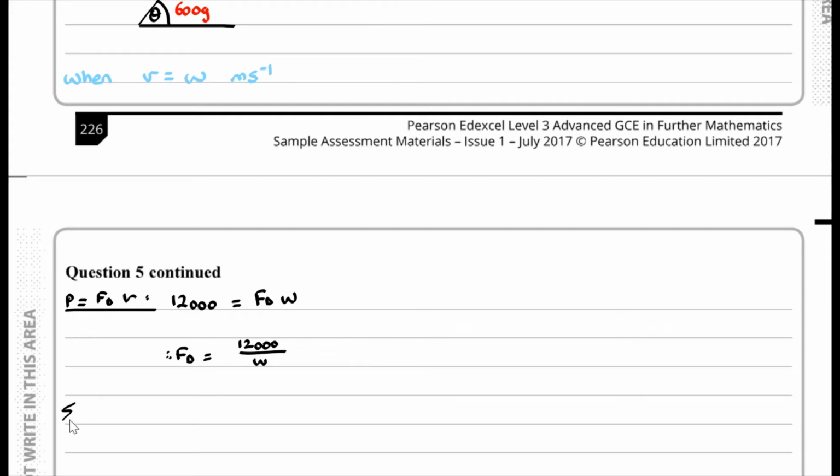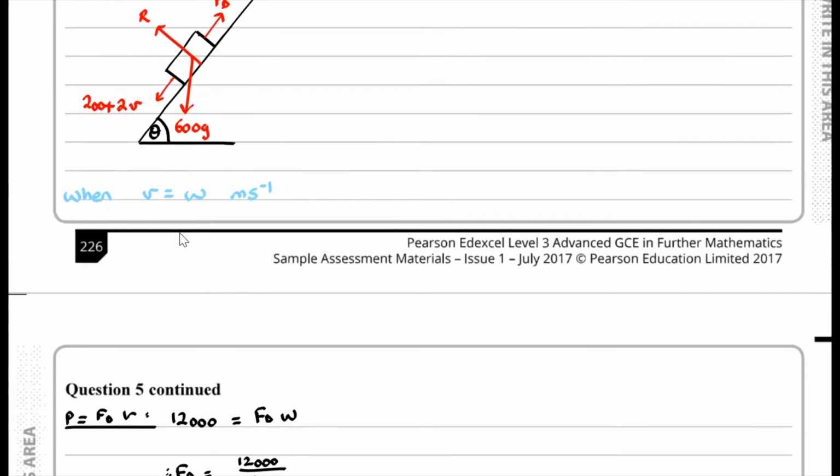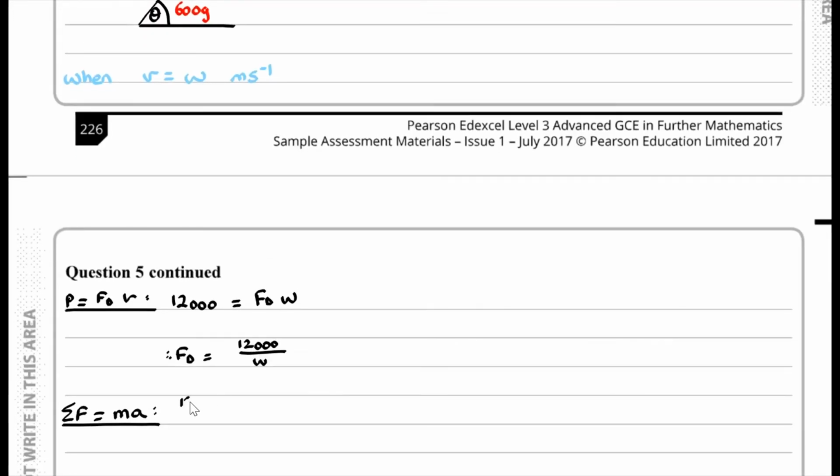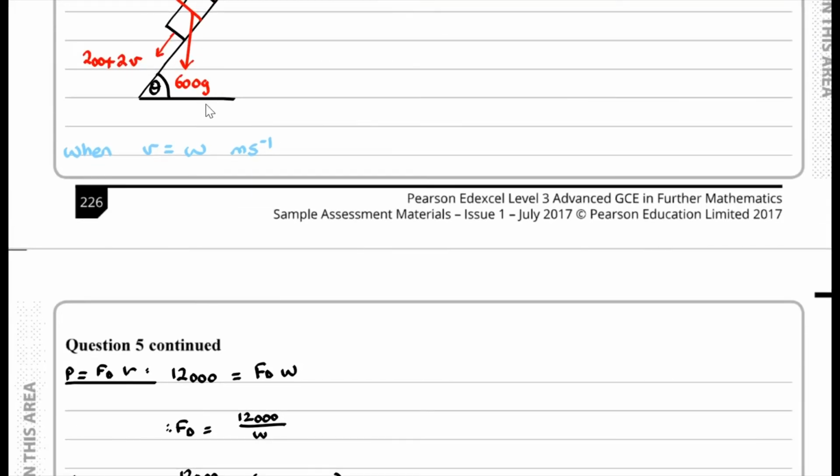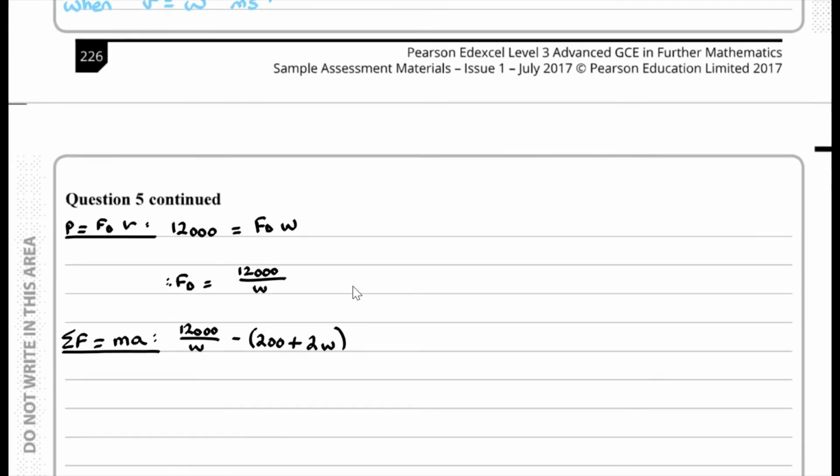And now again, using the sum of the forces equals the mass times the acceleration, we know over here our forward force, that's 12,000 over W, and then we've got our resistance, that would be 200 plus 2W, and then we've also got this, the component of the weight, so we have 600g times sine theta, and we know that this is equal to minus 600 times 0.05.